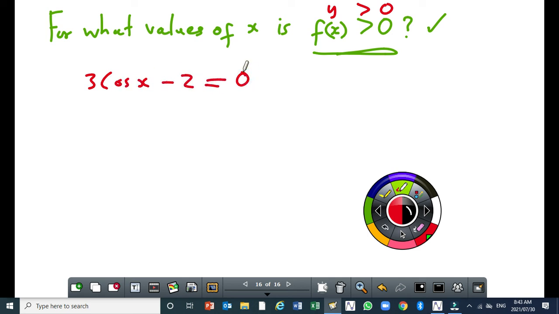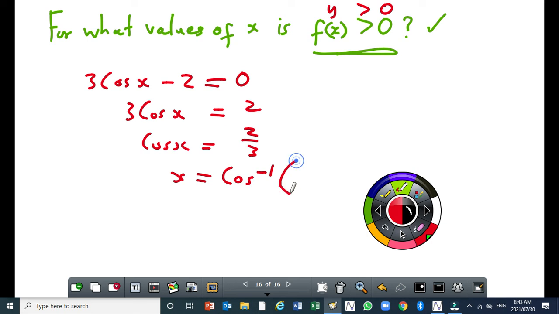Then we solve. So we have to use our knowledge of solving trig equations. You cannot do trig graphs without knowledge of trig equations. So this is the same as 3 cos x is equal to 2, and then you get cos x equal to 2 over 3. Right? Then you drop the cos, it goes to the right, it becomes arc cosine of 2 over 3.